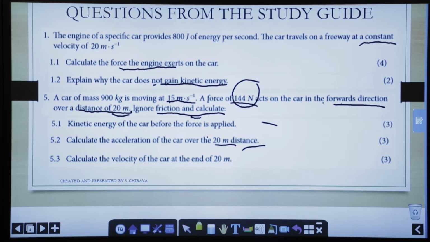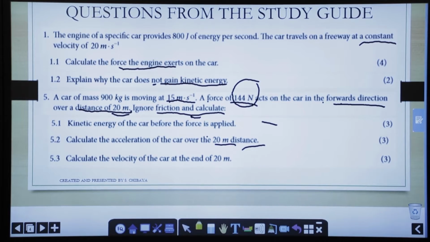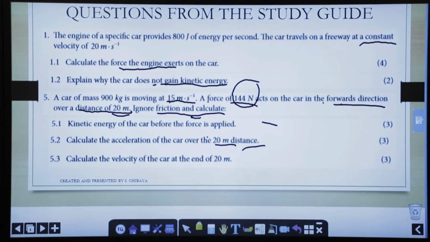we can calculate it by considering that the second law of motion states that a force, which is the net force, is equal to mass times acceleration. Our net force is 144, equal to the mass of 900 multiplied by acceleration.